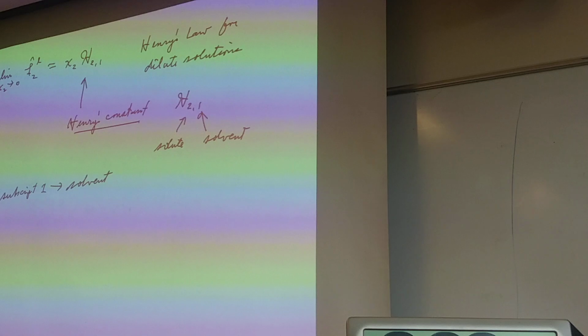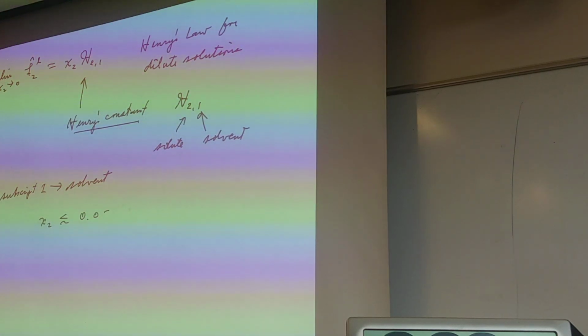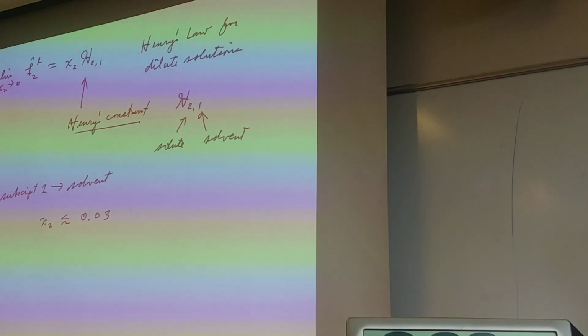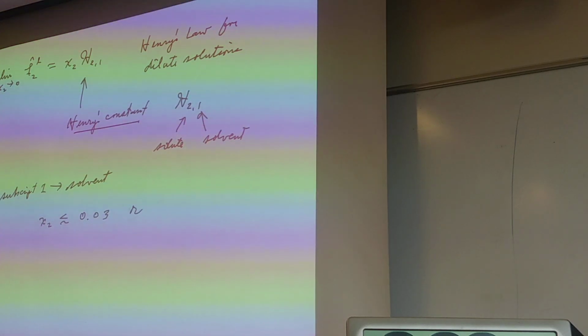Now, general rule of thumb, I'm kind of reluctant to say this, is that you'll get Henry's law valid for non-electrolyte solutions when x2 is less than or equal to about 0.03. But take that as a rough rule of thumb, but you want to have some idea.